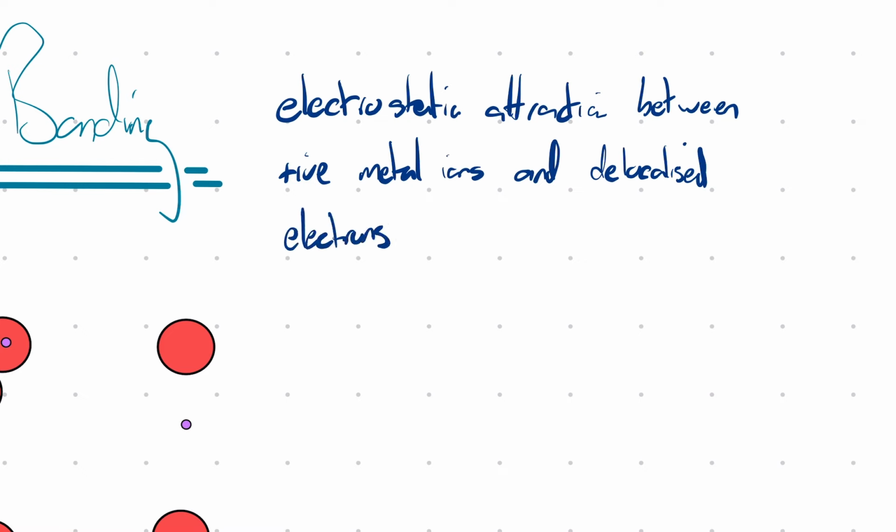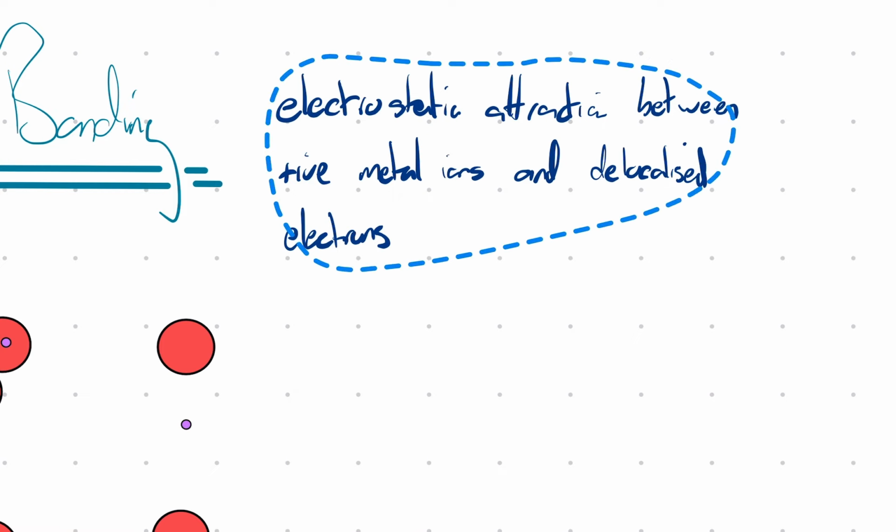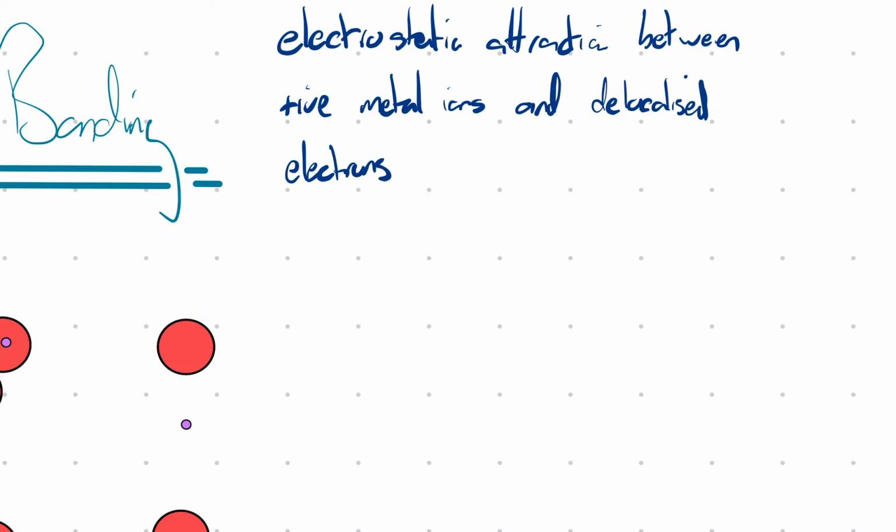And with this as well, our structure at room temperature is always going to be a giant structure, apart from mercury. So we've got a giant structure.